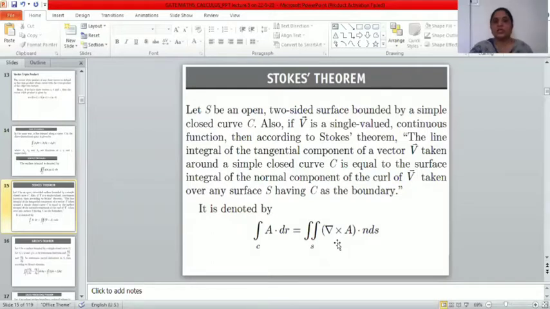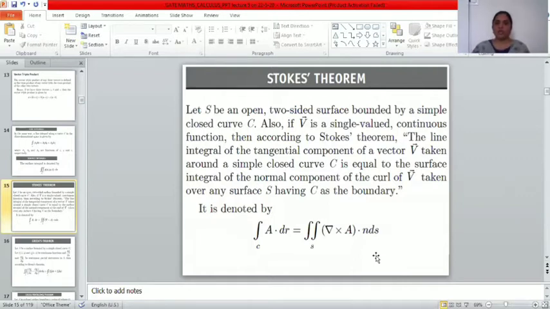So the line integral is a bar dot dr bar, and the surface integral is del cross a bar dot n cap ds. N cap ds can also be defined as ds bar, that is ds in the direction of n cap, that is ds bar. This is a vector.